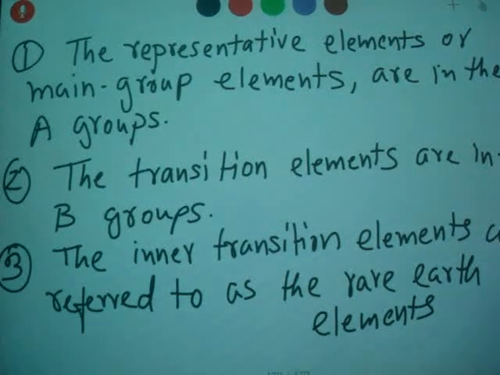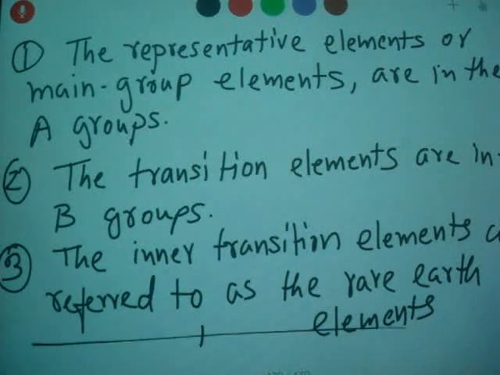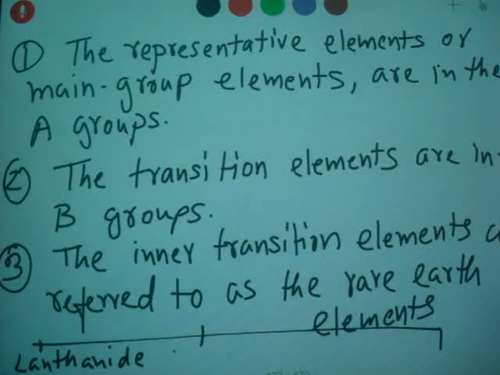The inner transition elements are divided into 2 series. Let me write it down here. One is called the lanthanide series, and the other series is called the actinide series.